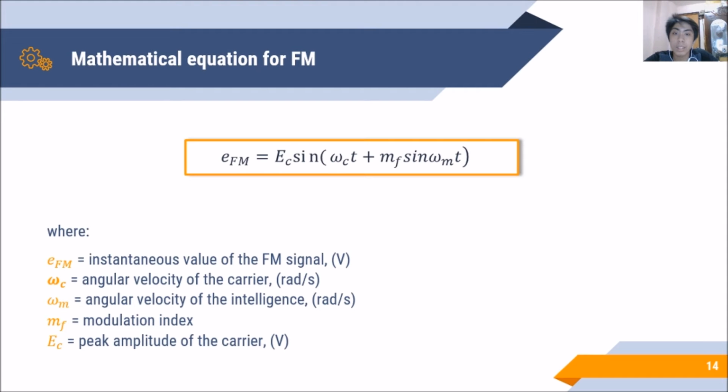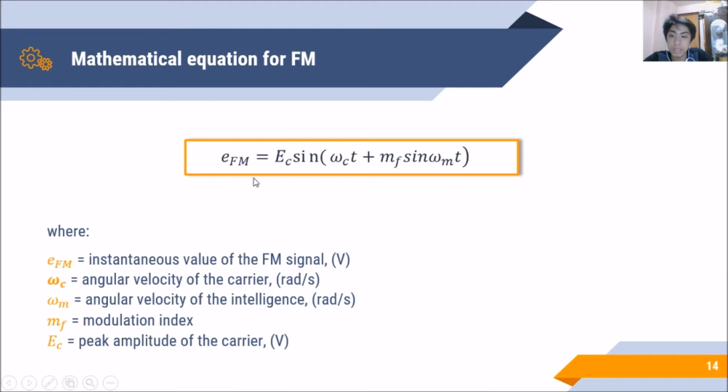So for the mathematical equation for frequency modulation, here we have the equation, which is e sub FM is equal to E sub c sine of omega sub c t plus m sub f multiplied by sine omega sub m times t.